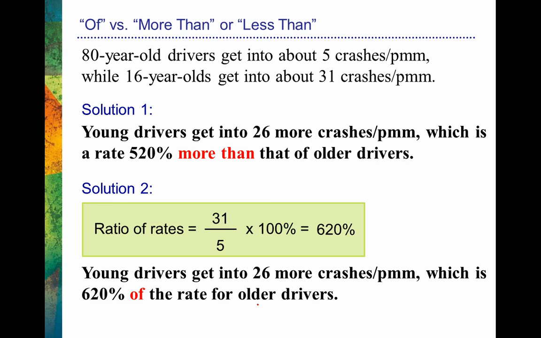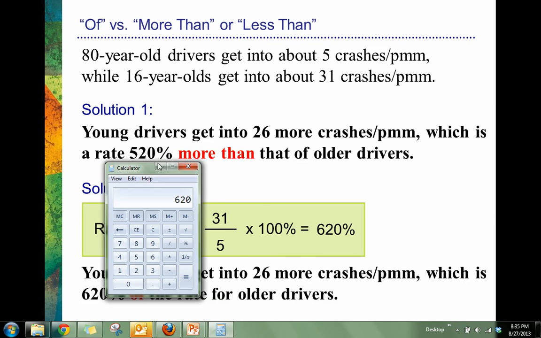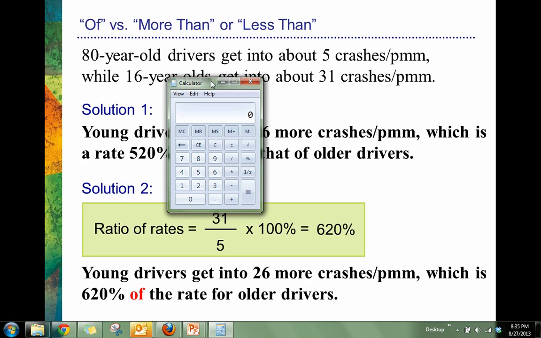And the reason why this makes sense is the older drivers are getting into 5 crashes per million miles driven. If we were to take, let's go back to our calculator here, that value of 5 and multiply it by 620%, which is multiplying it by 6.2, we would find the rate of crashes for those young drivers, 31 crashes per million miles driven.